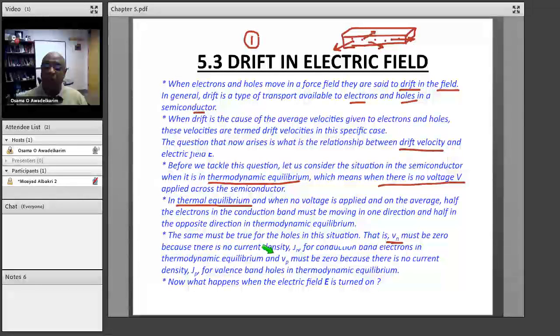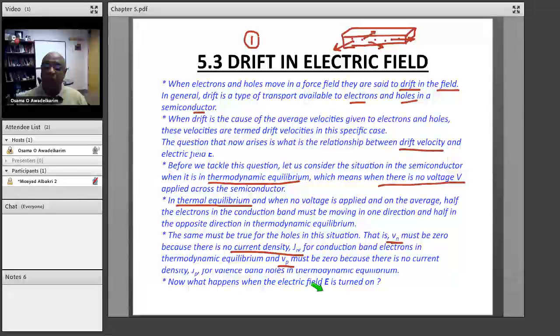Therefore, there is no current density, Jn. That is when you don't apply any electric field or voltage. They just move randomly, right? The motion cancels out and you don't get any net current. The same thing holds for holes: you have holes moving arbitrarily in different directions, and therefore no net current.